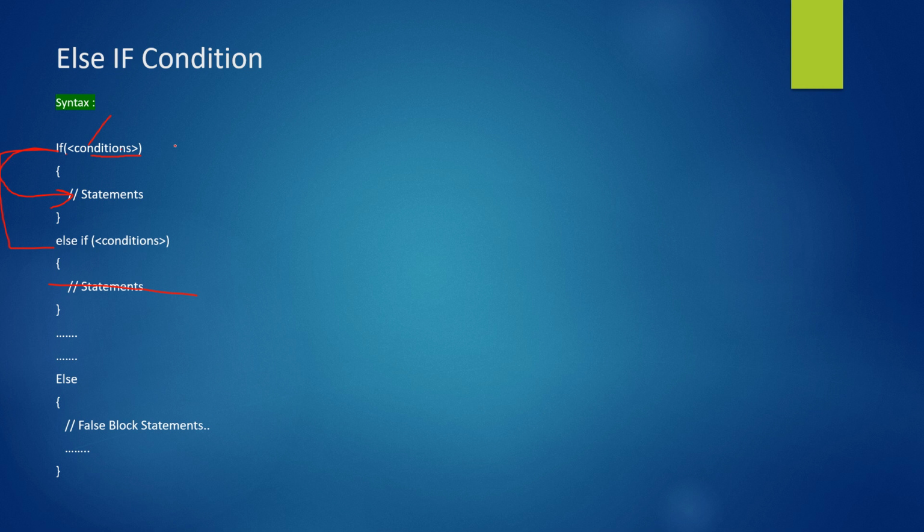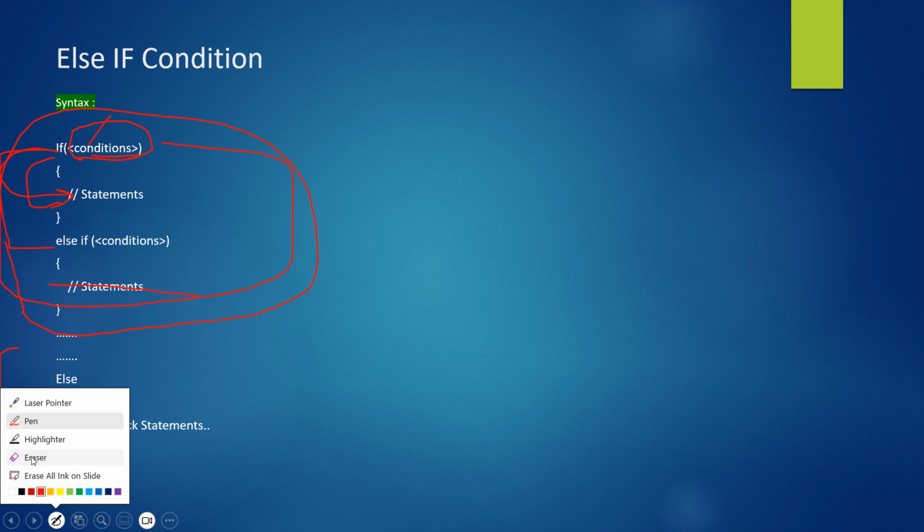If none of the conditions provided in the if or else if are satisfied, then it will go to the else block and execute the false block statements. So hope everyone got it. If any of the conditions is satisfied, it will go inside the if block and execute the statements.